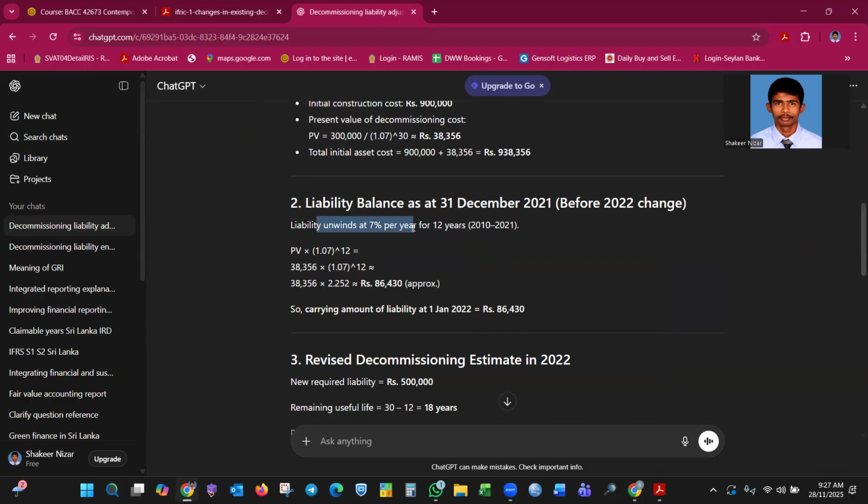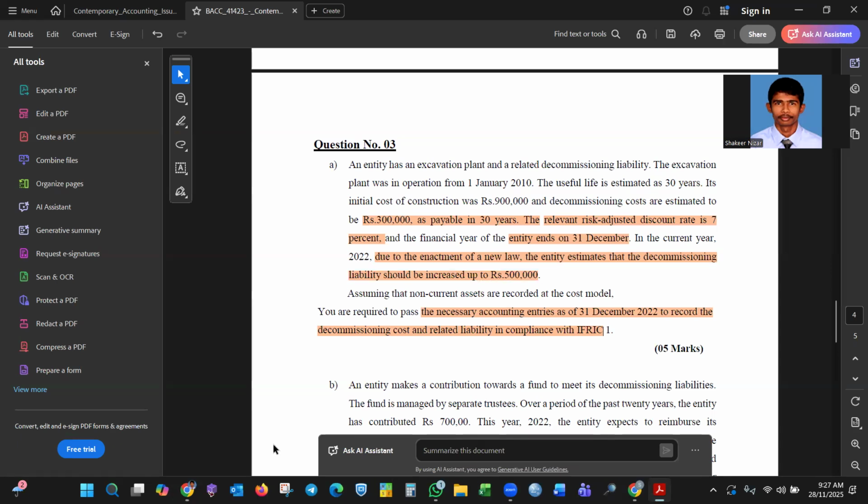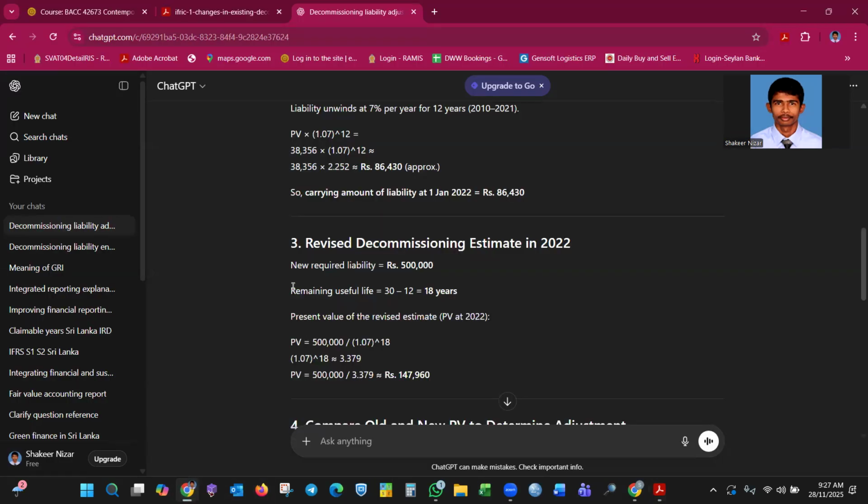Unwind means you add back interest for the 12 years, because this is a liability, like a loan. 86,430. But in year 2022, it is revised to 500,000. Here, the remaining useful life, 12 years already lapsed, is 18 years. 5 lakh divided by 1.07 to the power 18. This is the new decommissioning liability. You can understand, I think.